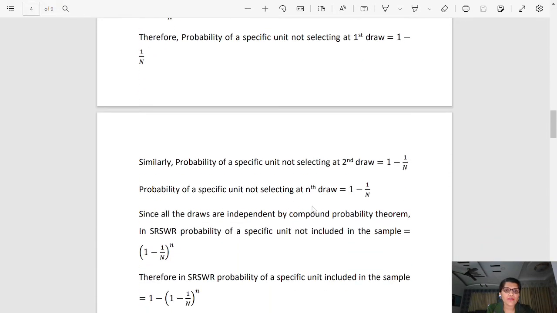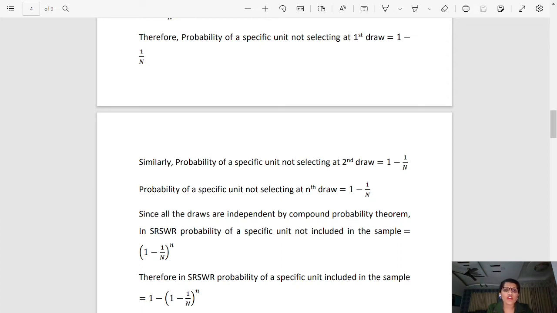Similarly, the probability that the specified unit is not selected at the second draw is 1 minus 1 upon N. Here N is fixed because in simple random sampling with replacement, the population remains the same. So, the probability that a specified unit is not selected at the nth draw is 1 minus 1 upon N. Since all the draws are independent, by the compound probability theorem, in SRSWR the probability that a specified unit is not included in the sample is equal to (1 minus 1 upon N) raised to n, because it has n terms.